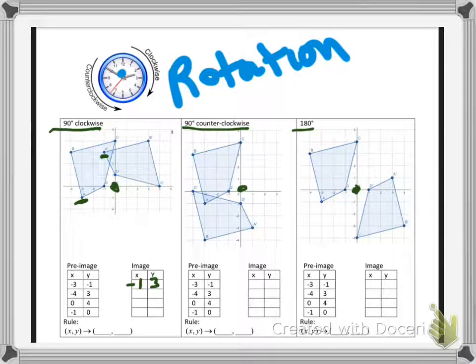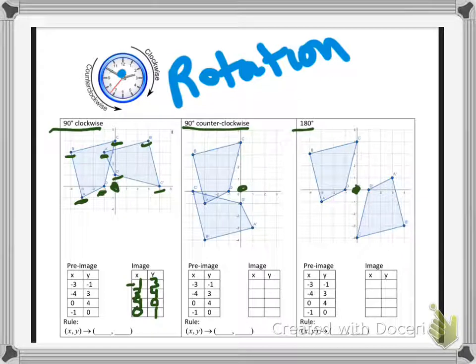The next point at (-4, 3) rotates to (3, 4). This point is nice and easy because it's on the axis. It's at (0, 4), and it goes to (4, 0). And likewise, D is right on the axis, which makes it easy. It goes from (-1, 0) to (0, 1).